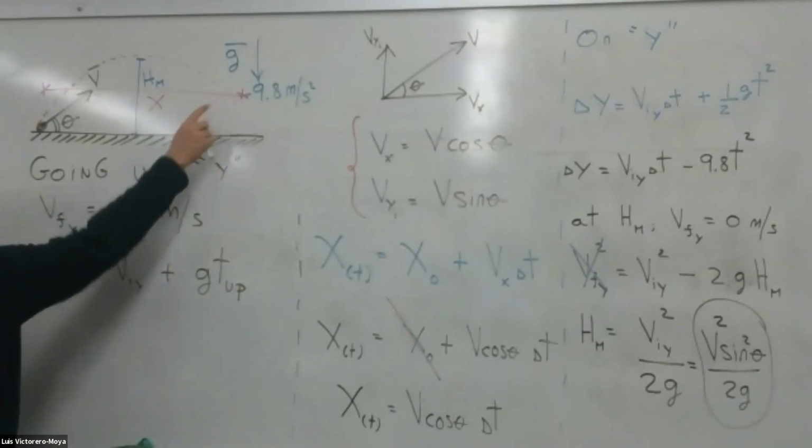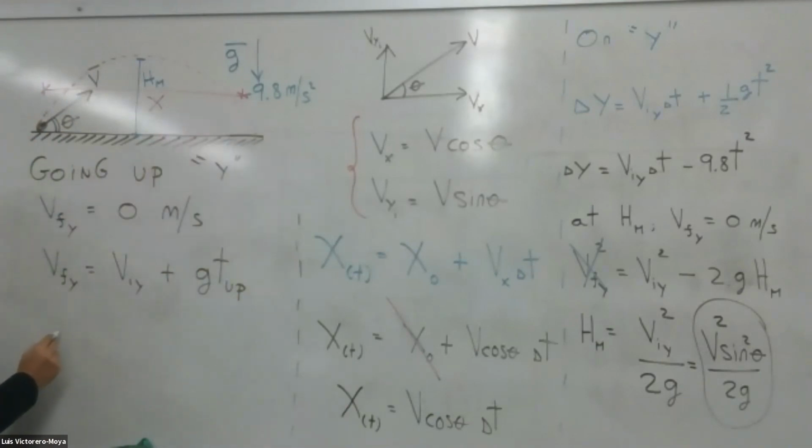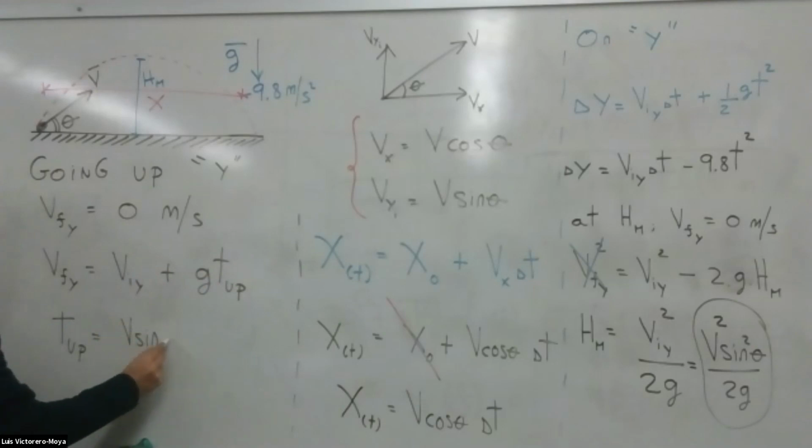That's negative because of gravity. This is 0. So then I get that the time to go up is equal to this divided by gravity. And what's this? V sine theta over g. But that's only the time to go up.